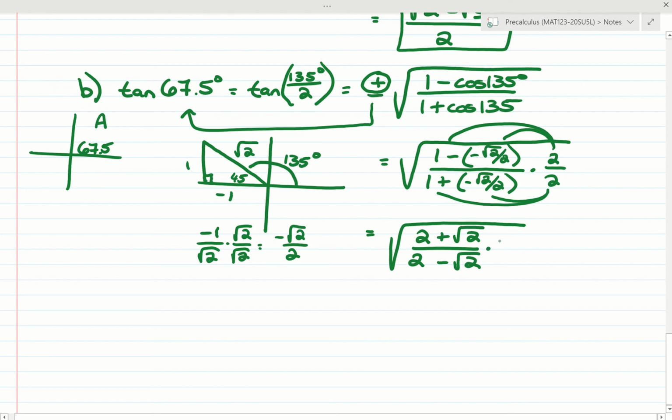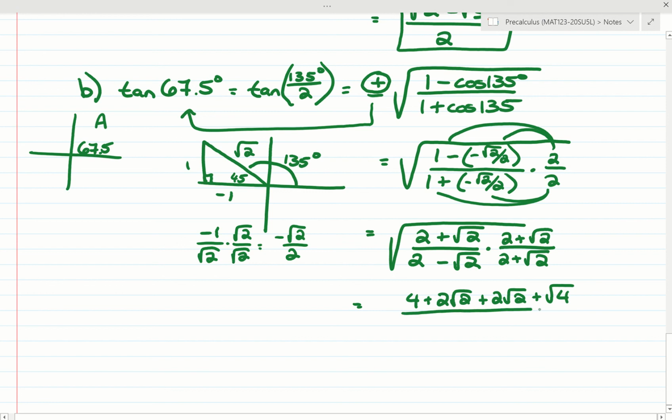We'll multiply by the conjugate of the denominator, 2 plus root 2 over 2 plus root 2, while we're still inside the radical. On top, we're going to have 4 plus 2 root 2 plus 2 root 2 plus the square root of 4.